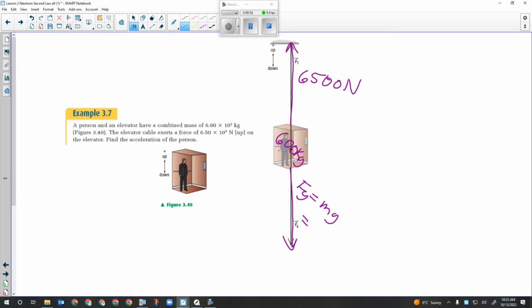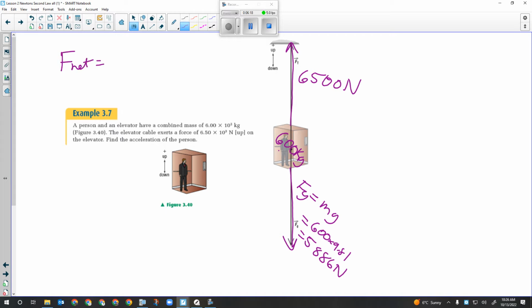So I'm going to take my 600, and I'm going to multiply by 9.81, and I'm going to get 5,886 newtons. What's my next step if I'm trying to find the acceleration of the elevator? Subtract the upward force by the force of gravity.